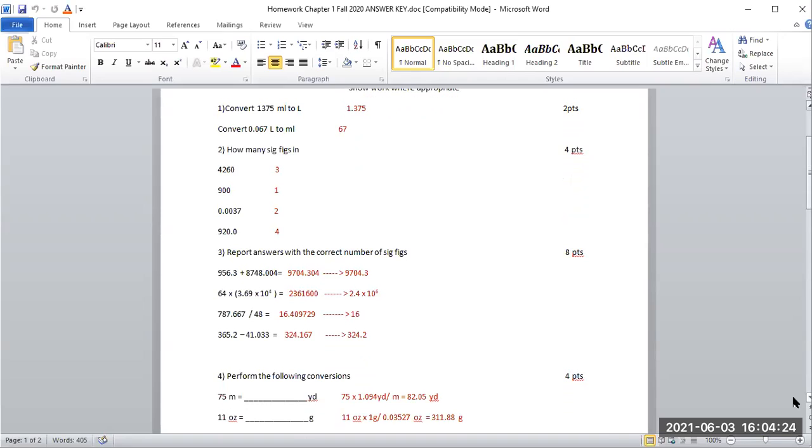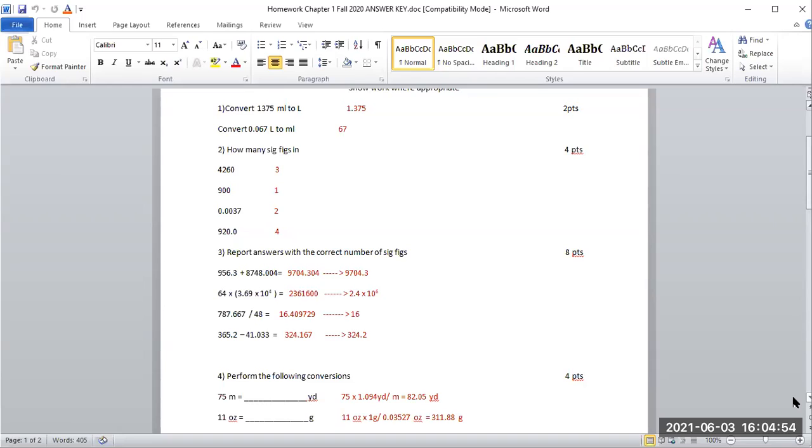Note, there is no decimal point, so you are supposed to assume that the 0 at the end is not a significant figure. This is why there are only 3 sig figs. For the number 900, again, there is no decimal point displayed in the number. Only the 9 is considered to be a significant figure.